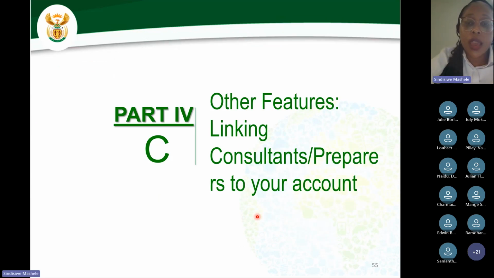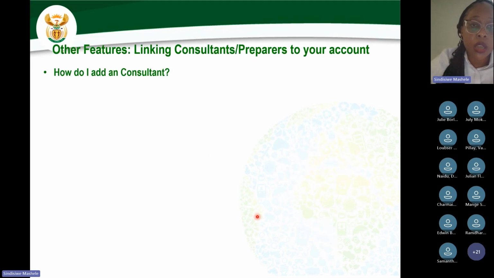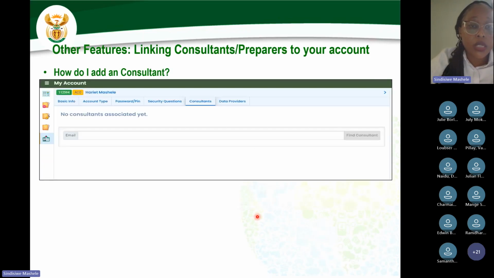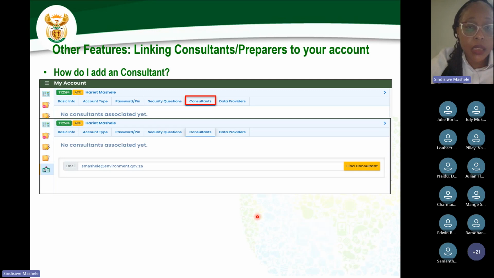So the other feature that we have is the linking of consultants and preparers to your account under the My Account option. Let's say you want a consultant to come in and assist you with the process of reporting on the system. Under My Account, you go to consultants and then enter the email address of the consultant that you want to assist you.